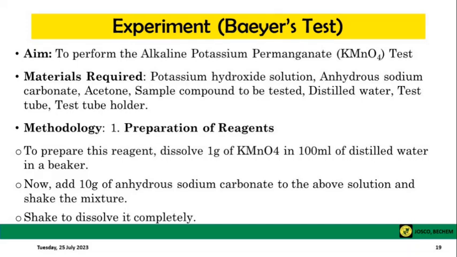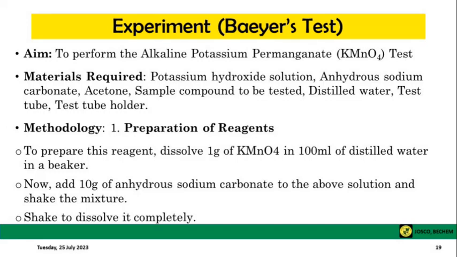In this experiment, you will need some materials before you can undergo this test. We can have potassium hydroxide solution, anhydrous sodium carbonate, your sample that you want to test, your distilled water, test tubes, and a test tube holder.